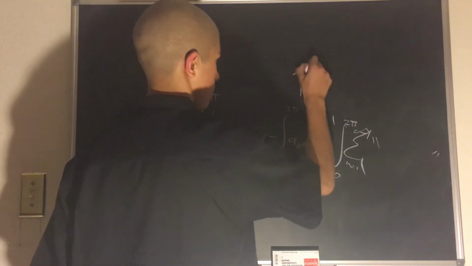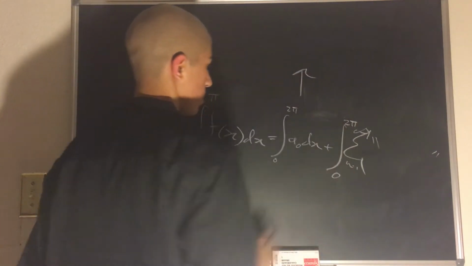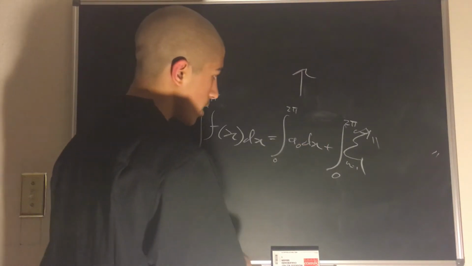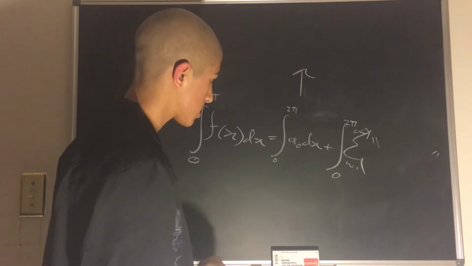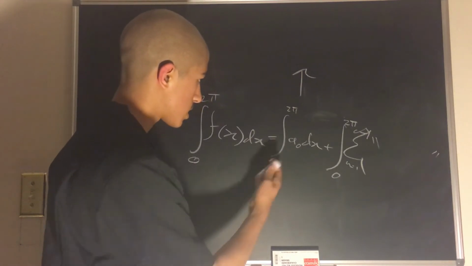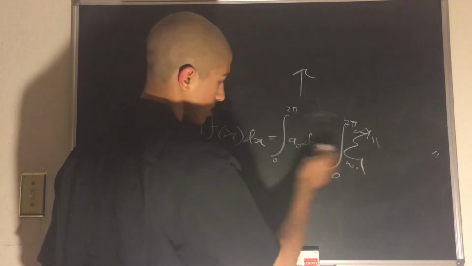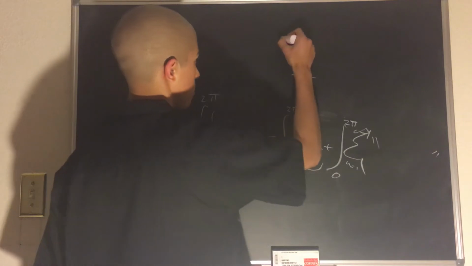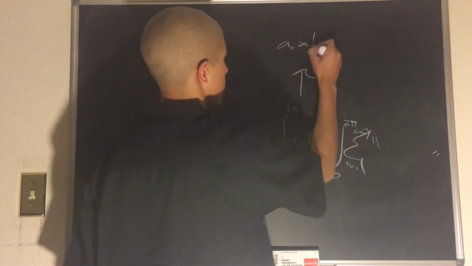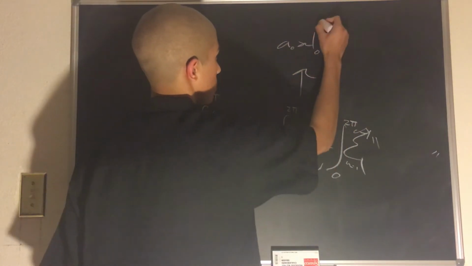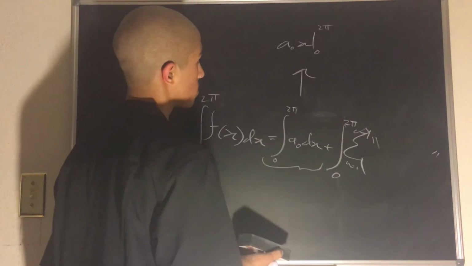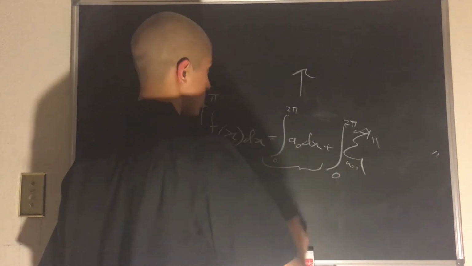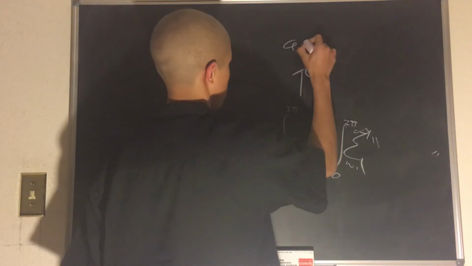We can write this because a0 is simply a constant term. The antiderivative of a0 dx will be a0x. So this integral right here will evaluate to a0x taken from 0 to 2 pi, which is simply a0 2 pi minus a0 times 0, which simply equals a0 2 pi.